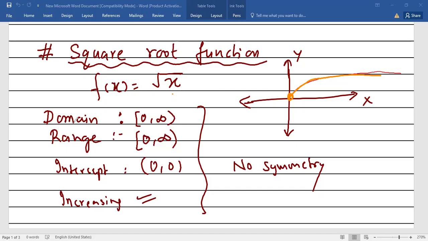We have already taken the domain as all the positive real numbers, so there is no point in including negative x here. So neither even nor odd.